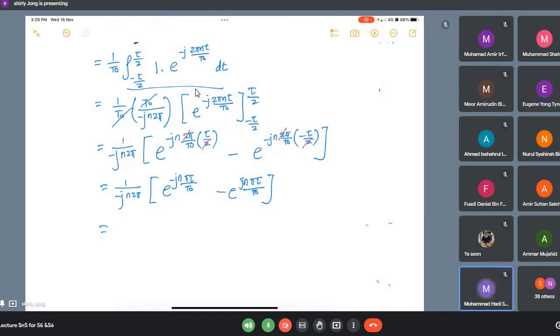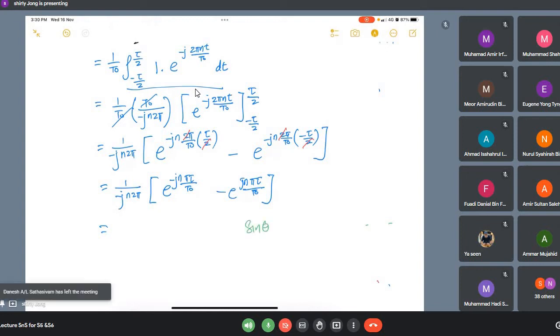Sine. Why you say sine? When you tell me sine, of course there's a reason. You don't just tell me the answer in the module is sine. You have to know the pattern of sine and cos. Okay, for the sine, what will you get?